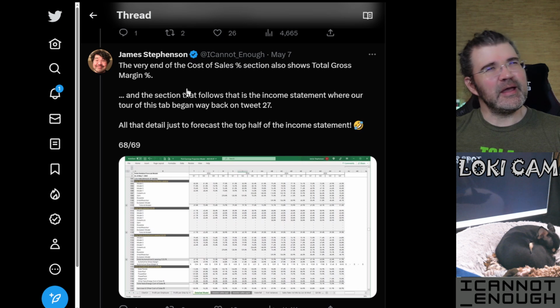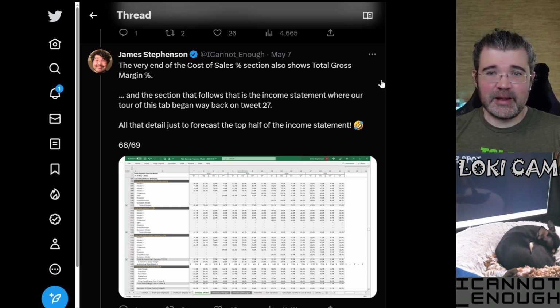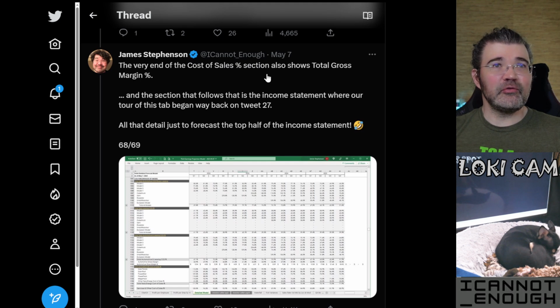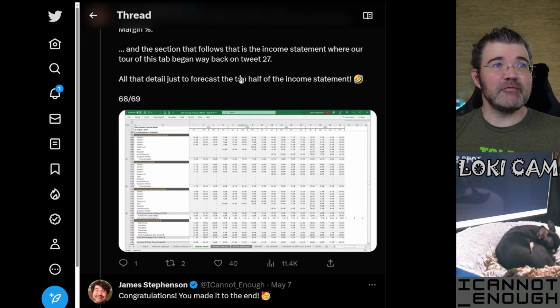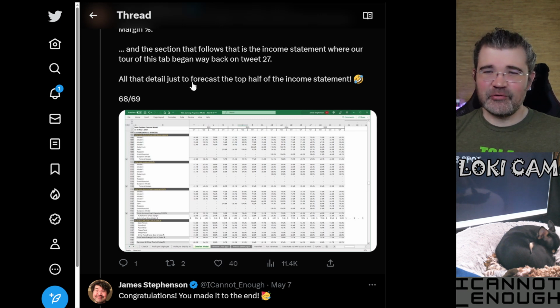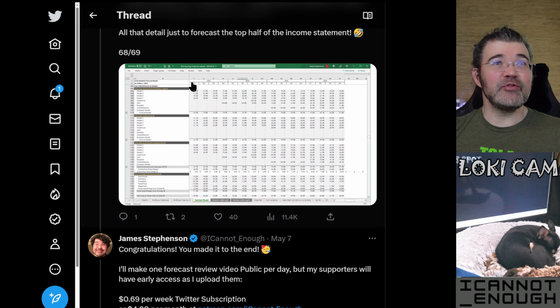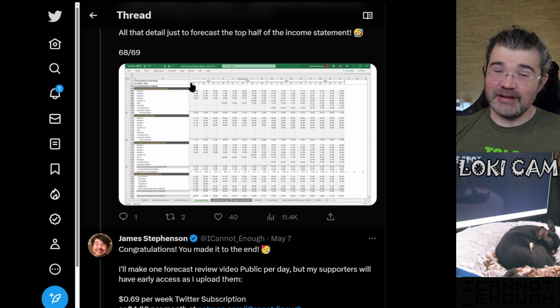Then right before the end, I said the very end has a total section, as all my stages of my detailed build-up have. And the section that follows that is the income statement, where our tour of this section of this tab began back on tweet 27. So tweets 27 through 69 were just this one tab in my spreadsheet, just to make the top half of the income statement. Yeah, that's true.